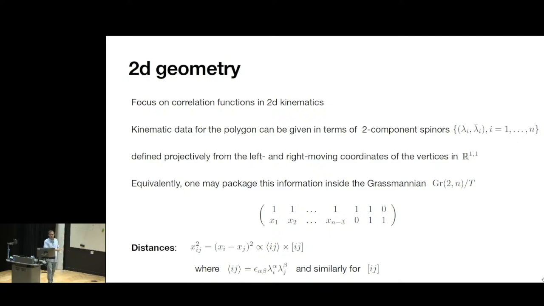And in 2D, we have a lot of techniques for describing the geometry. Here I'm reviewing some basic facts that should resonate. So in particular, since we are in the plane, we can go to spinor variables. Or if you want, a point on CP1, the projective plane, and describe this way the left and right moving coordinate of our vertices.